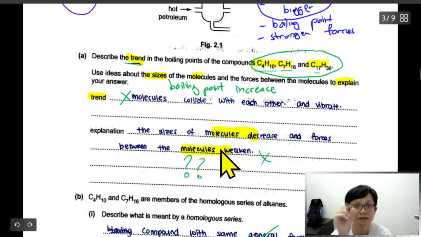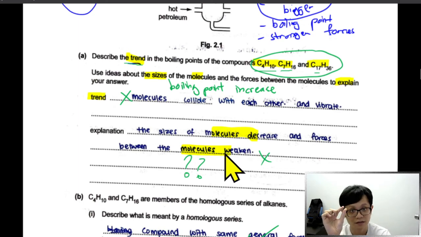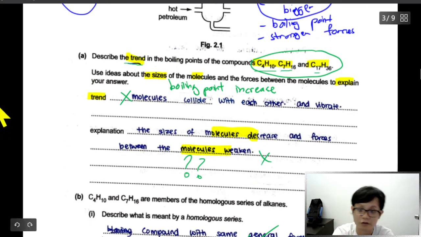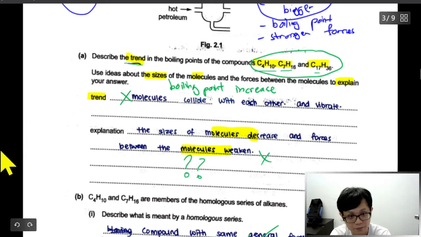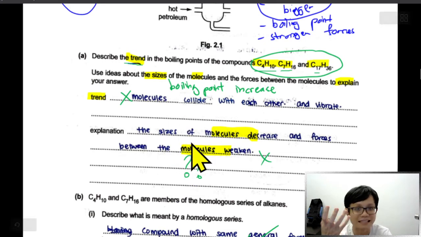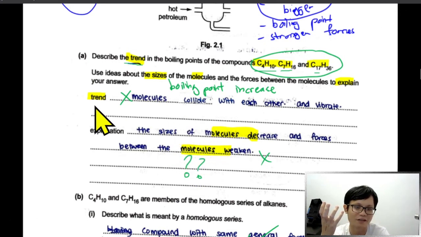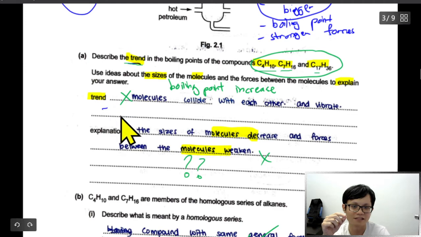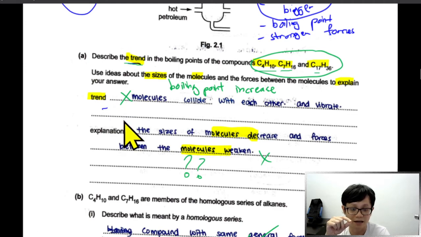Yes, if it is smaller, then the forces are weaker. So it is true, it's correct. I don't know, maybe the student will also get marks for this question. But according to the marking scheme, it's very difficult, because the first answer we would say something like the trend is the boiling point increases.